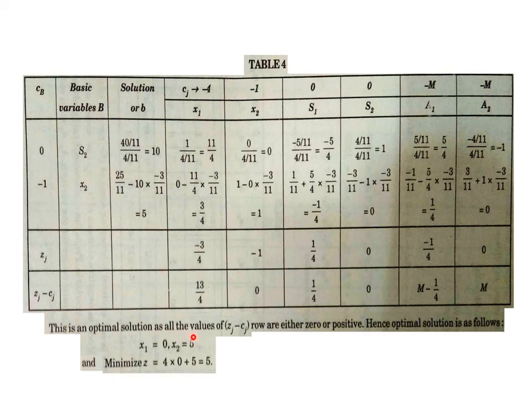The value of X2 is 5, and X1 is not there, so X1 is 0, and S2 is 10, and S1 is also 0. Using especially X1 and X2 in the objective function, which was given as minimization, minimize Z is 4x1 plus x2, so 4 into 0 plus 5, the final minimum value of Z is 5.